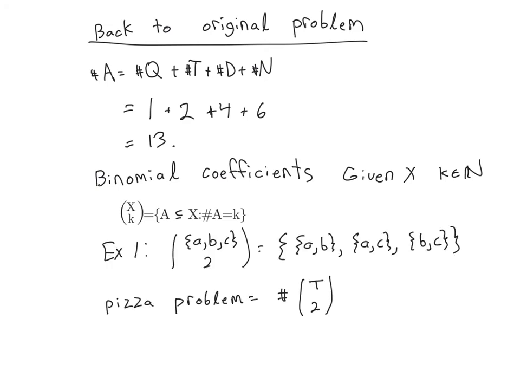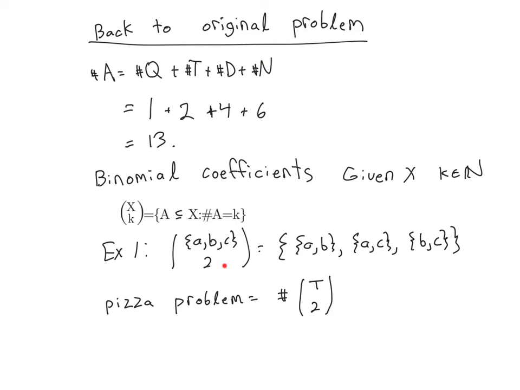So for example, if I consider the set consisting of A, B, C, then ABC choose 2 is the collection of all subsets of ABC of size exactly 2, and so either you have A and B, A and C, or B and C. Each of these sets is a set of size 2, and that's all the possible subsets of size 2. And so this is the binomial collection of size 2, the set of all 2-sets of ABC.